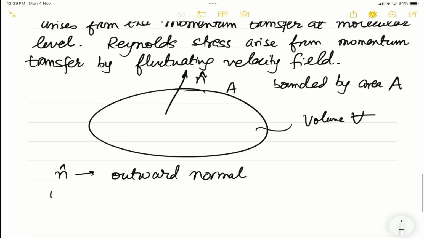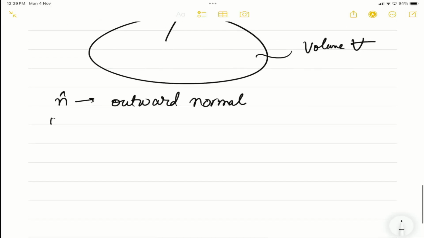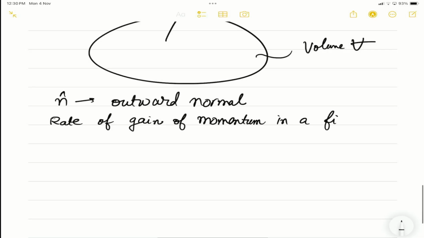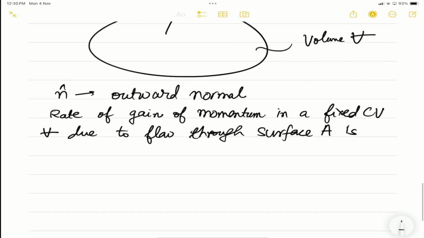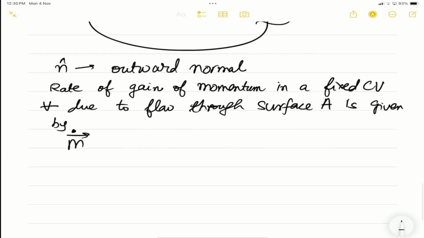Okay. So the rate of gain of momentum in a fixed control volume V due to flow through surface A is given by the rate of gain of momentum.